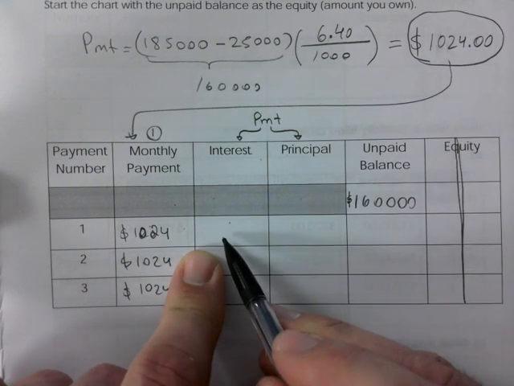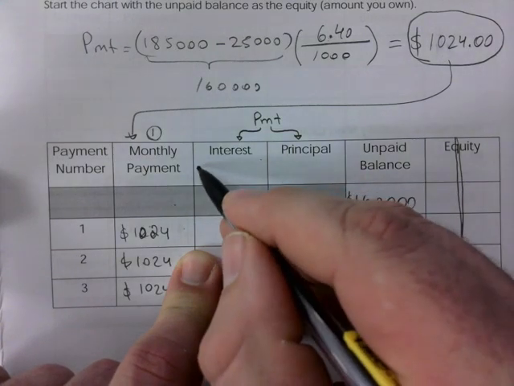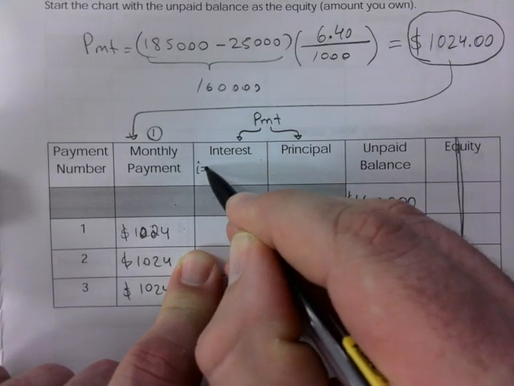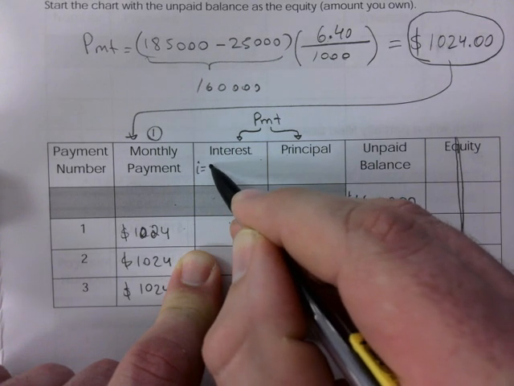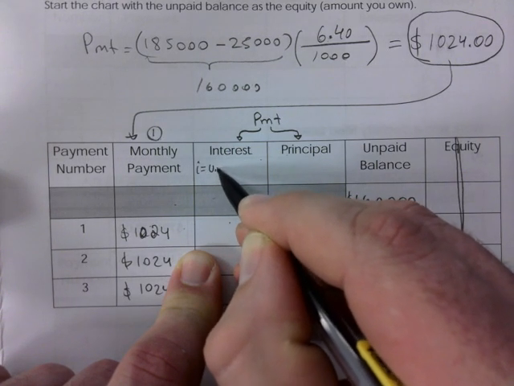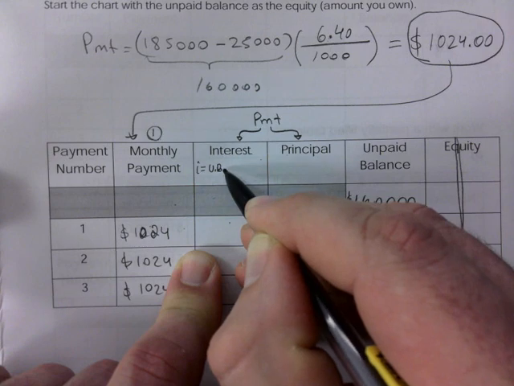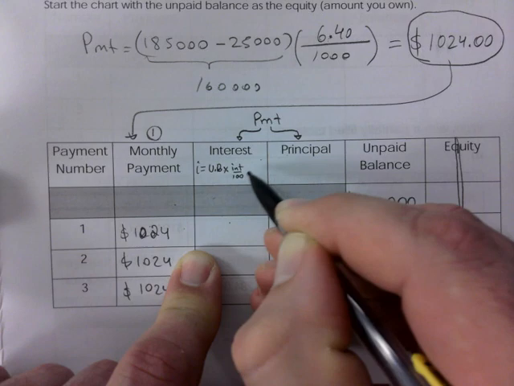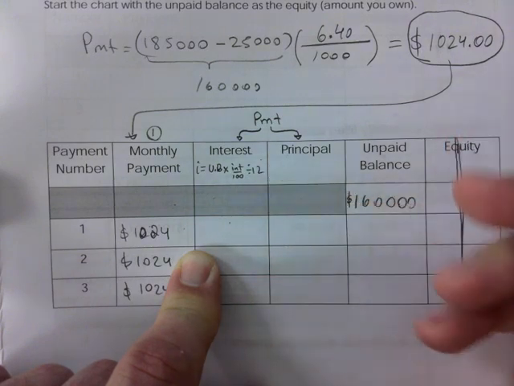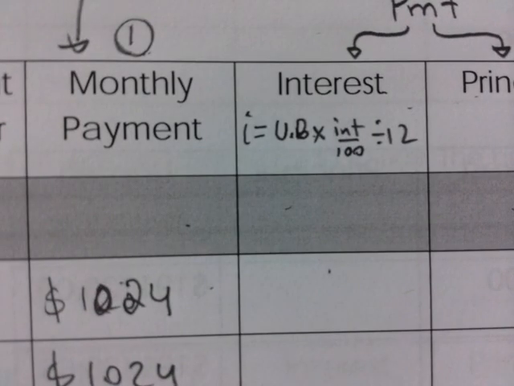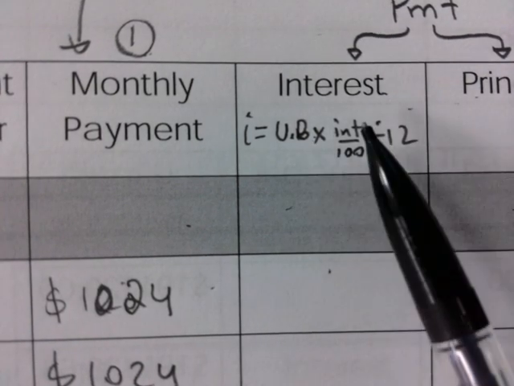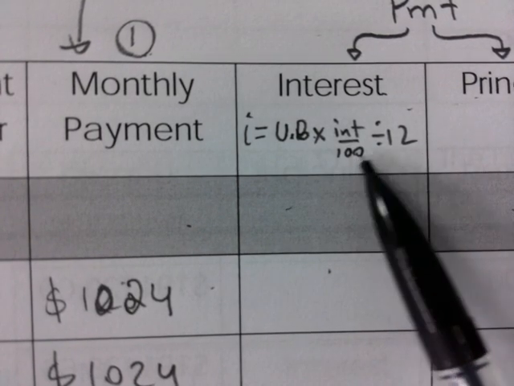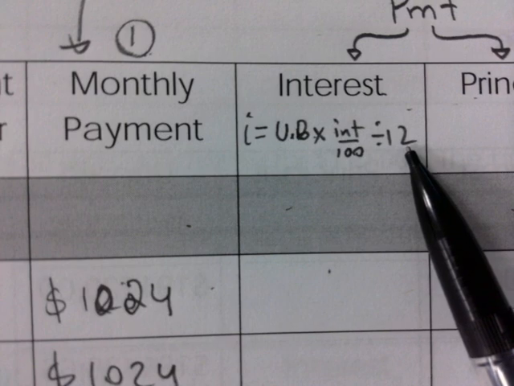And for the interest, I'm going to put the formula up here. I is equal to the loan unpaid balance times interest divided by 100, all of that divided by 12. Unpaid balance times interest rate divided by 100, all of that divided by 12.